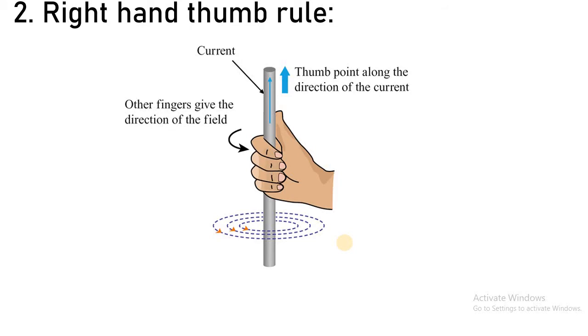So we are holding our right hand in such a fashion that we point our right hand thumb in the direction of electric current and we wrap our remaining 4 fingers around the conductor in such a way that the fingers will face us, or the fingers will come in front of us, okay, clear?